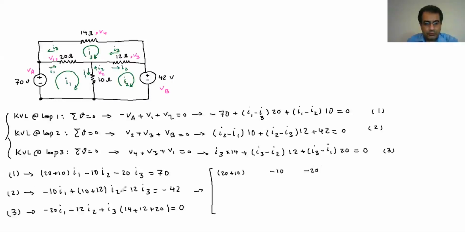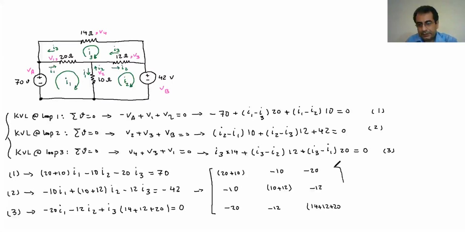Then the second row, the coefficient of I1 is negative 10. The coefficient of I2 is 10 plus 12. And the coefficient of I3 is negative 12. And then the third row, the coefficient of I1 is negative 20. The coefficient of I2 is negative 12. And the coefficient of the I3 is 14 plus 12 plus 20.